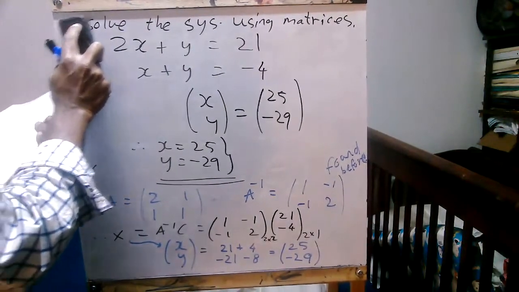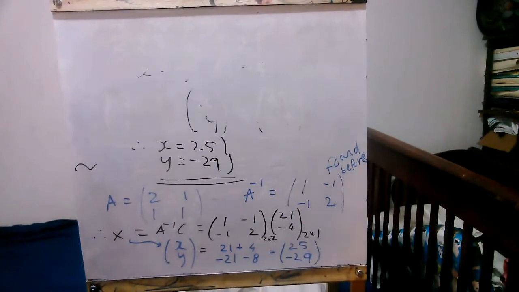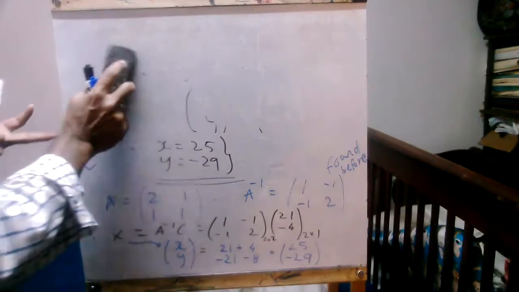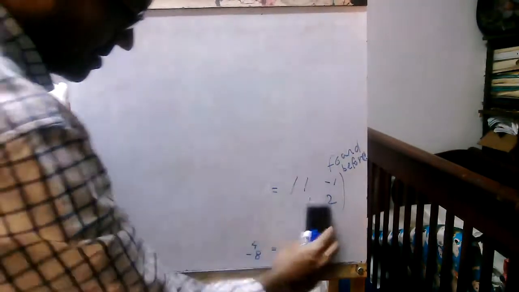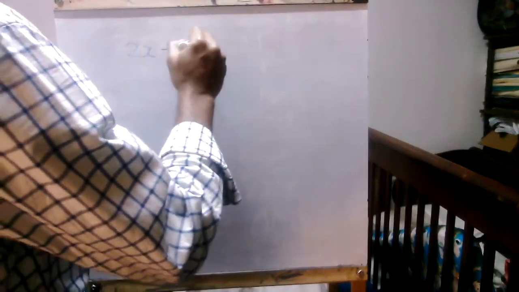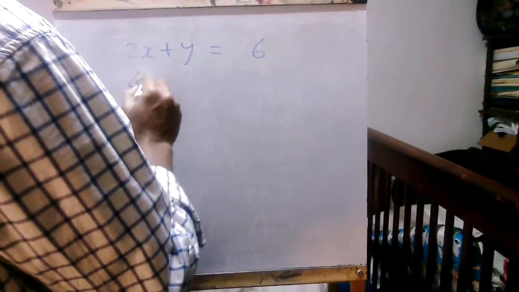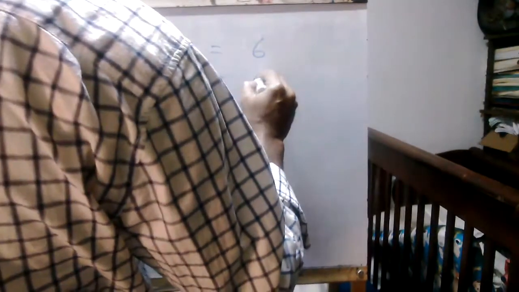Again, I'm gonna do a system of equations. 2x plus y equal to 6, 4x plus 2y equal to 9.